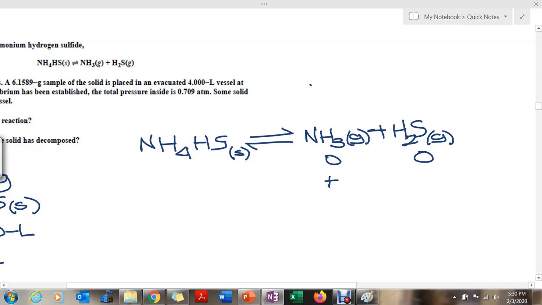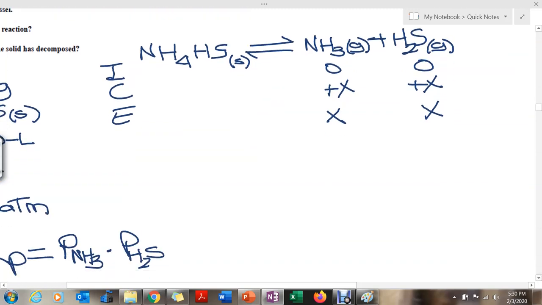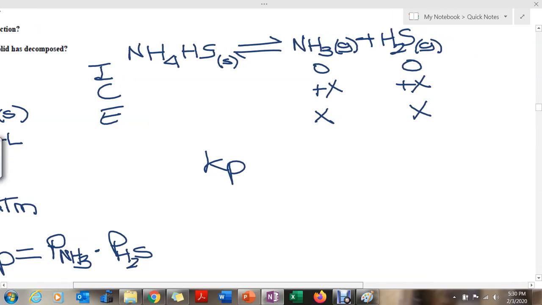The change, using ICE, is a 1-to-1 plus x, so this would be x and x. The Kp depends on the two gases, so Kp is equal to the partial pressures of both gases, x multiplied by x. Kp would be x squared.